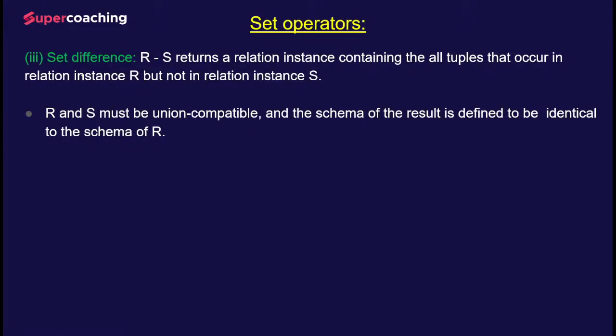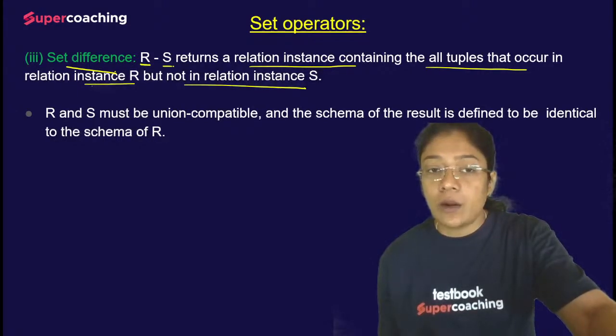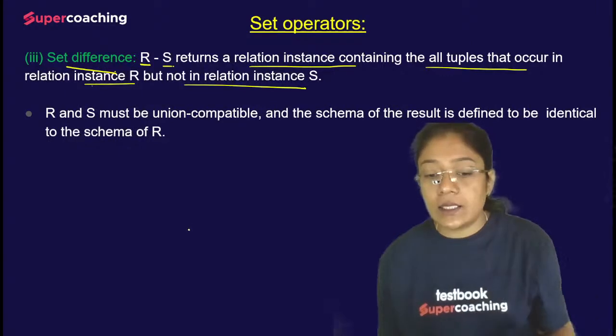Set difference basically says that if we are writing R minus S, this is going to return the tuples which are present in R but not in S. So R minus S returns a relational instance containing all tuples that occur in relational instance R but not in the relational instance S. So we can apply the set difference only if both are union compatible. Now we have enough space. When they are union compatible, only then we can apply the set difference.